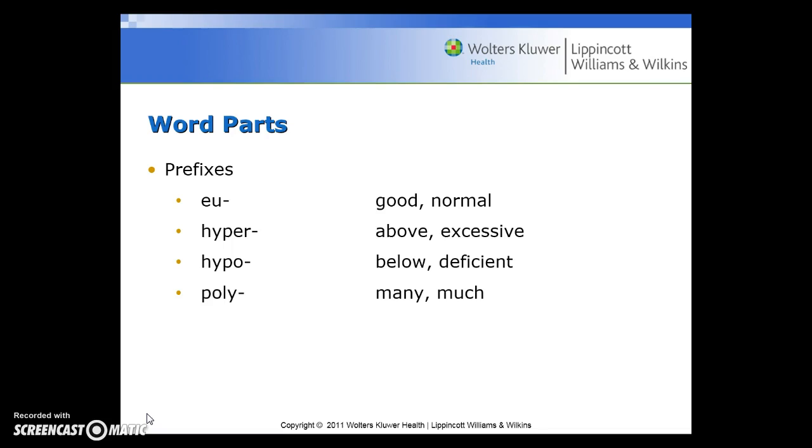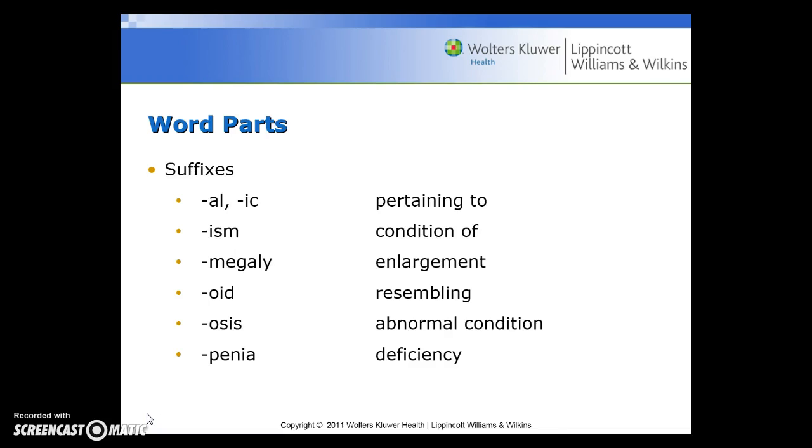For prefixes: eu for good or normal, hyper above or excess, hypo below or deficient, poly for many or much.